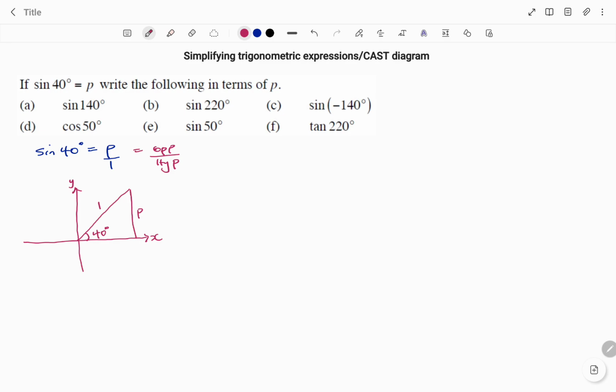To find the adjacent, I'm going to use Pythagoras' theorem, which states that the hypotenuse squared equals the sum of the squares of the other two sides. Therefore, my hypotenuse, which is 1 squared, equals x squared plus y squared, that's P squared.